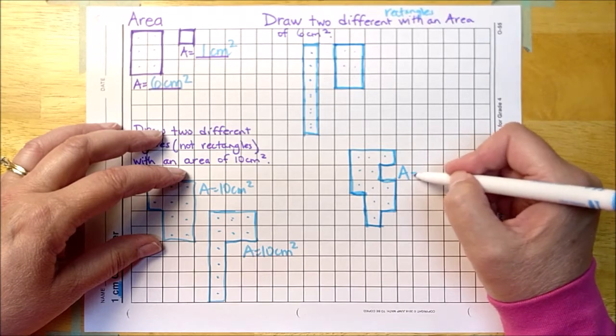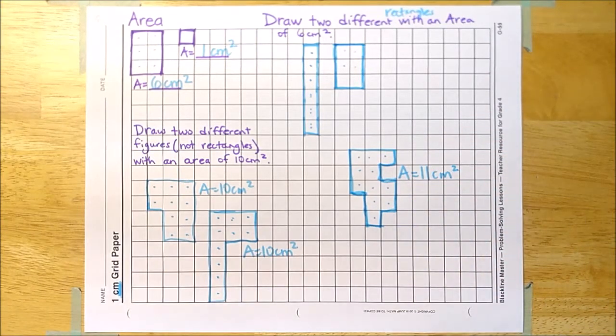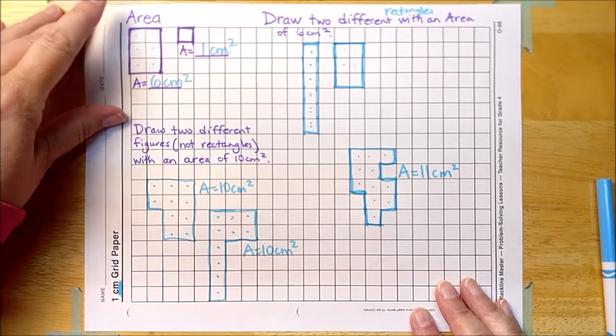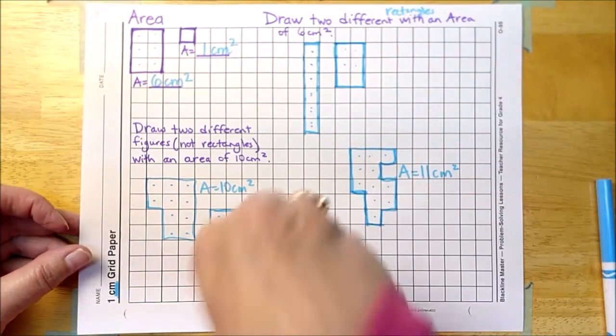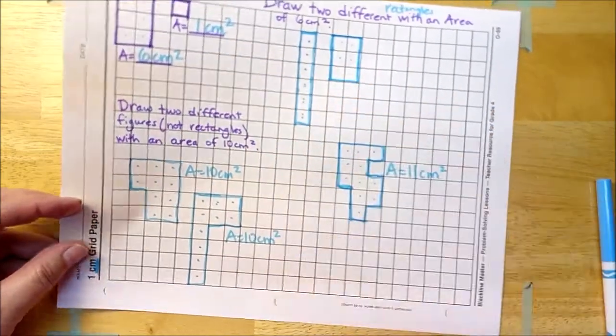This shape has an area of 11 centimeters squared. So you're going to have to be drawing some different shapes like that and then finding out their area. So that is area. The space inside of a rectangle or a figure is the area.